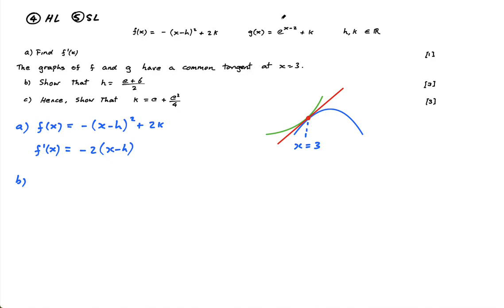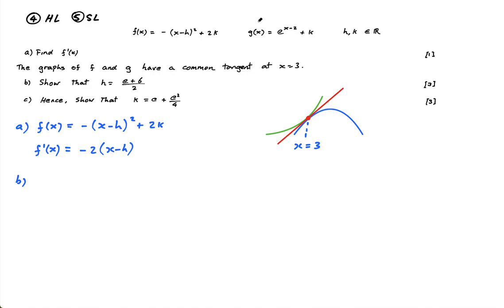That's the first thing. And the second thing is, because it's a common tangent, and this question actually starts with find the derivative, it's hinting you along the way to show that the gradients have to be the same at x equals 3. And that's what I'm going to use first to find this, because I've got the derivative.